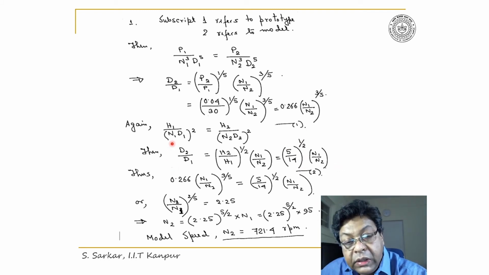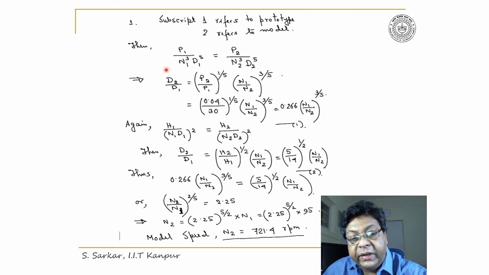So this relation, and the earlier one that I have developed, if we equate, then I'll get this equation, right? Which is 0.266 into N1 by N2 to the power 3/5 equal to 5 by 14 to the power half into N1 by N2.